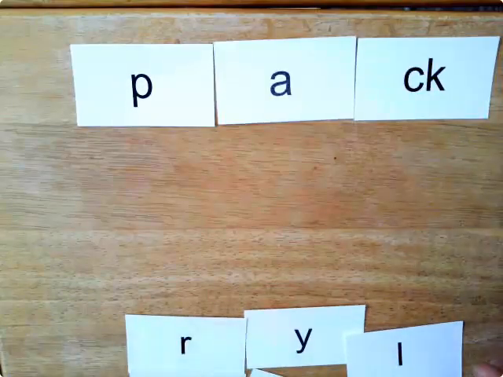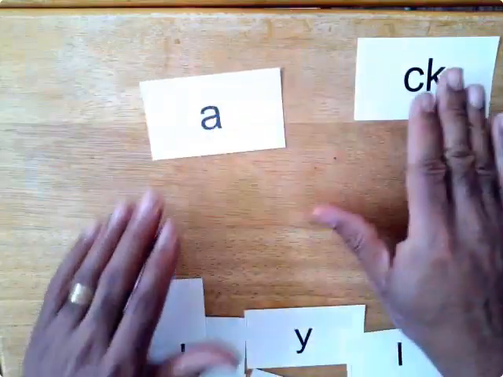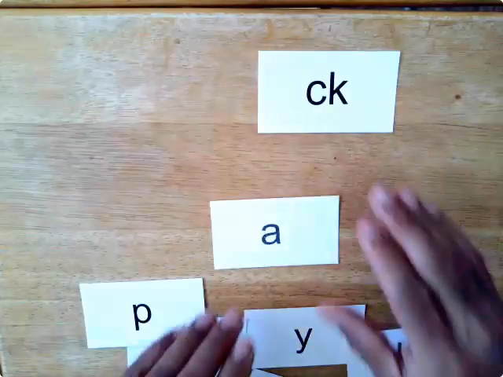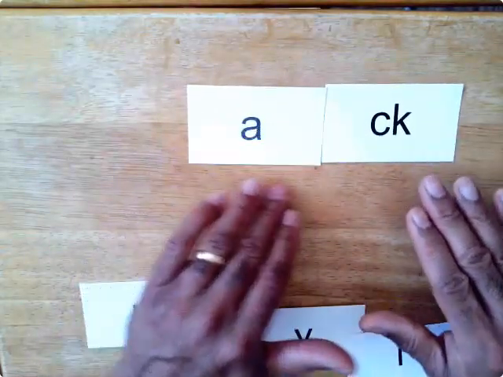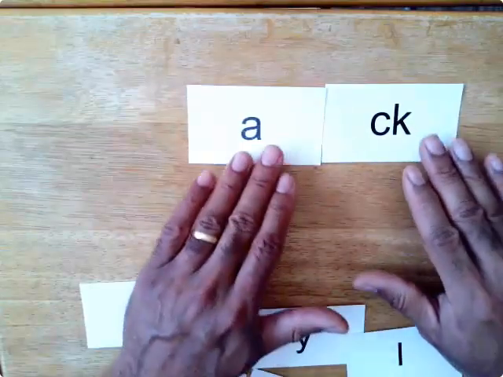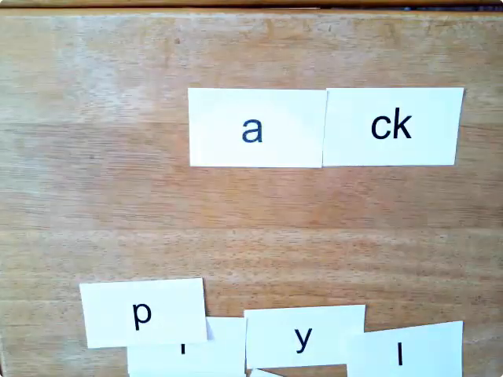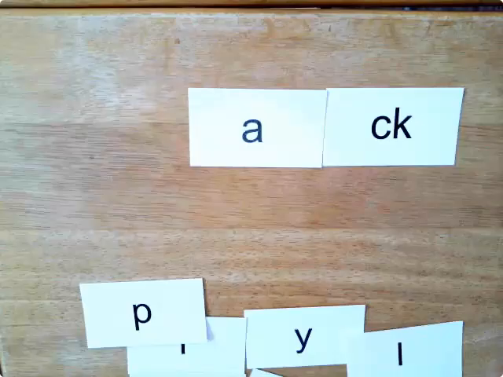And now, the first word we're going to make, let's go over our sounds first. This CK stands for K. All right? You know A. So if I put these together, I have ack. Now I'd like to make a word that means to put something away. I'm going to use the word pack. What letter do you think I will need to create the word pack?